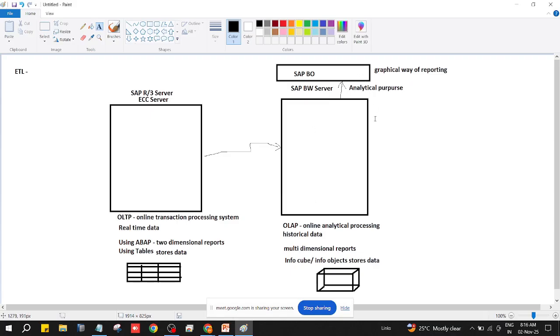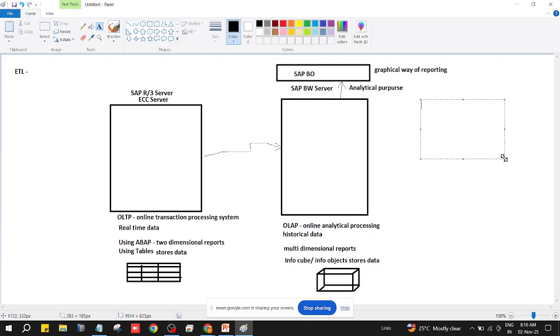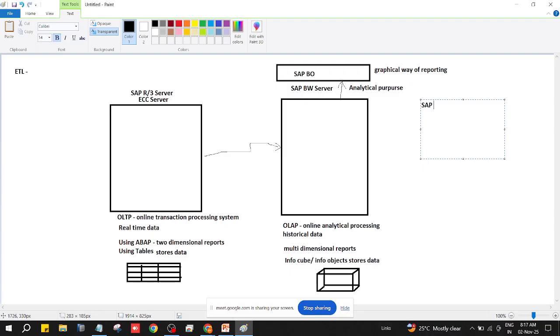So the analysis area, that is the multi-dimensional area, is under SAP HANA analytics. In SAP HANA, S4 HANA, after the introduction of CDS views, the dimension totally changed. So OLAP and OLTP are combined. It is not separate now; both are combined in one server.